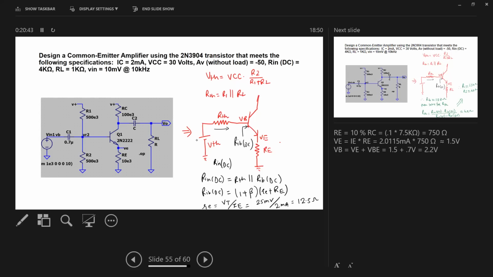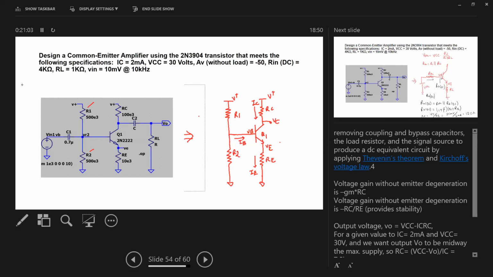Right. So what I need to do, I would need to apply the Thevenin's theorem to the circuit right here to get the value of R1 and R2. Okay, these are two unknowns. So earlier circuit is this one. This is my circuit.